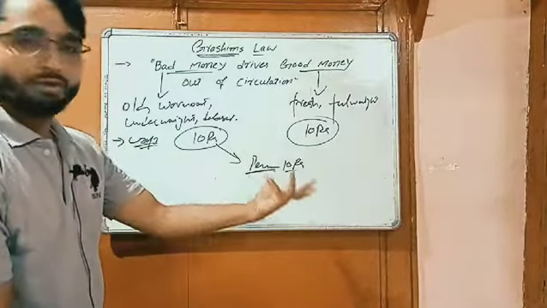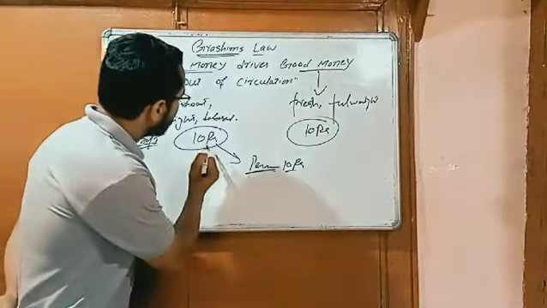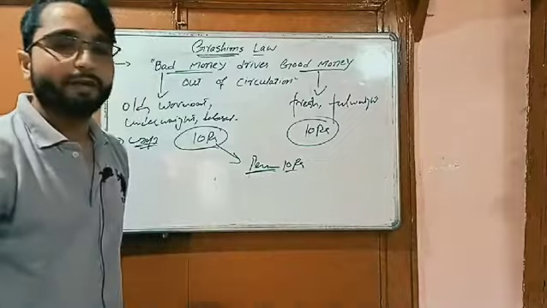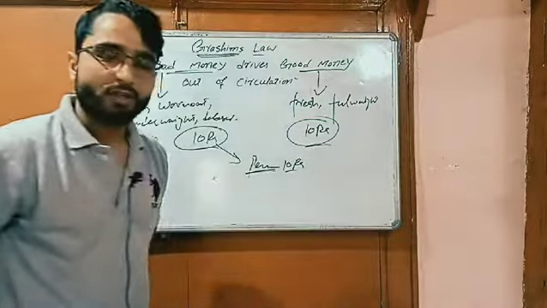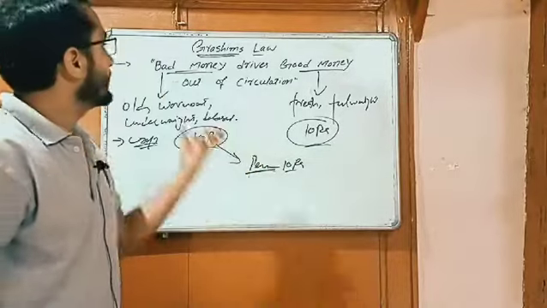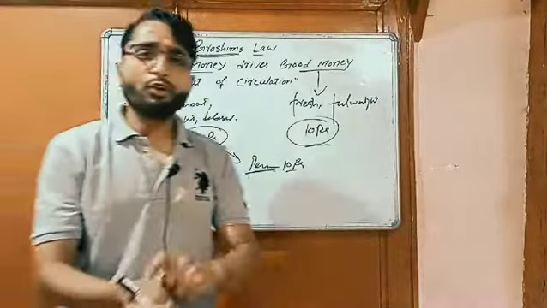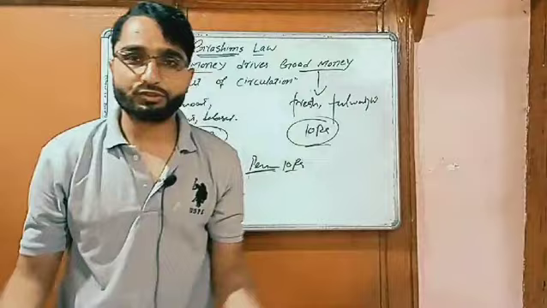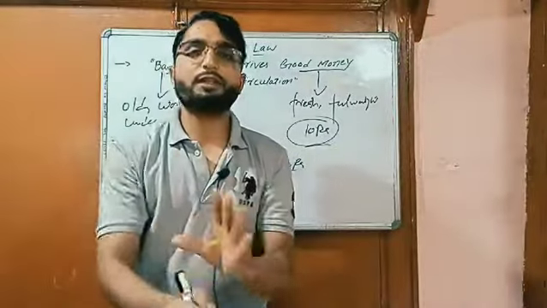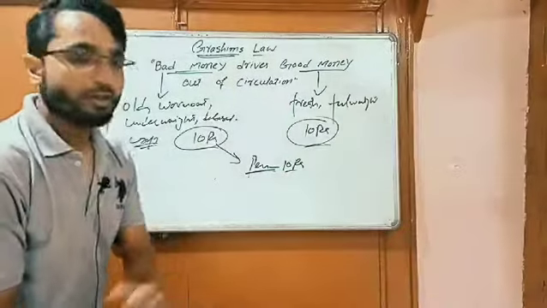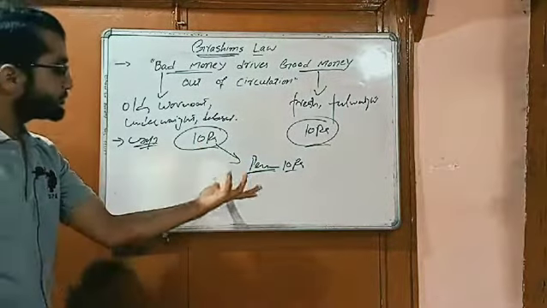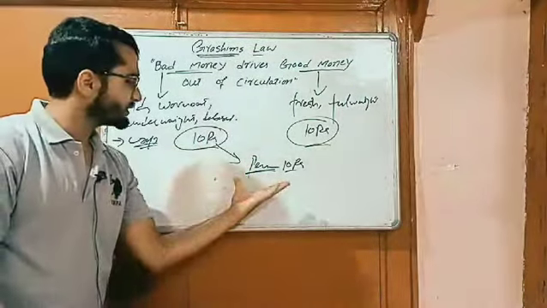The result is quite evident that only this bad money will remain in circulation and the good money disappears from the circulation. This is what Gresham says in his law, that when good money and bad money are in circulation and both are fully legal tender, in this case bad money drives good money out of circulation, which we have understood through this simple example.